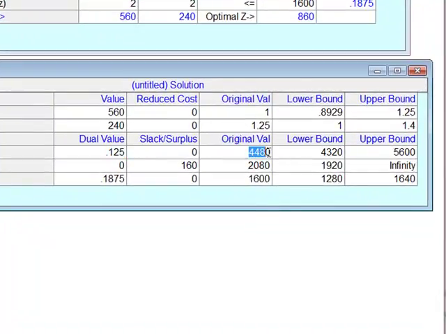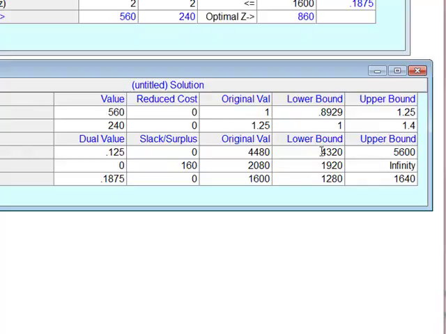So instead of 4,480, let's say I have another 300 ounces. Well, another 300 ounces will put me at 4,780. 4,780 is still within this range of lower bound and upper bound.